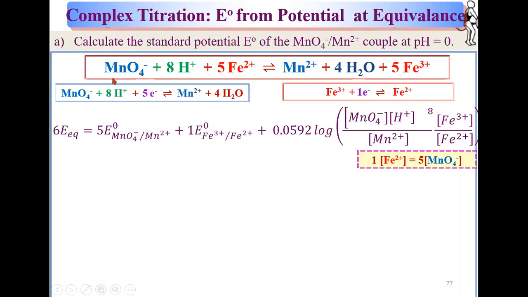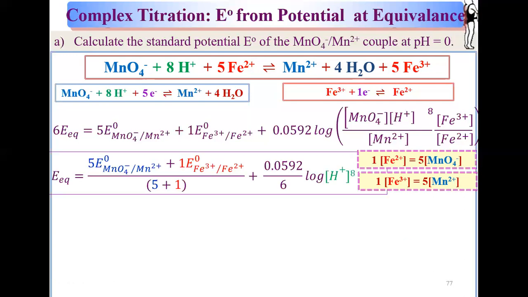It's actually the number of moles, but moles and concentration in electrochemistry can be taken interchangeably because dilution does not affect the E. Therefore the concentration of Fe2+ is equal to 5 times the concentration of MnO4. Likewise, Fe3+ produced is equal to 5 times the amount of manganese produced. So we have 5 times more iron produced than manganese.